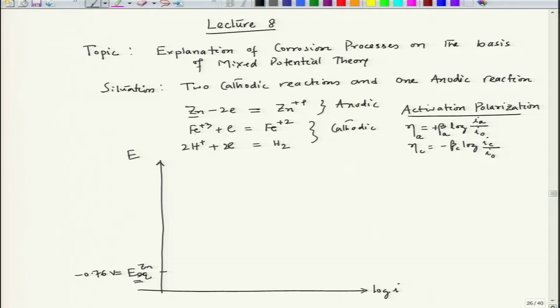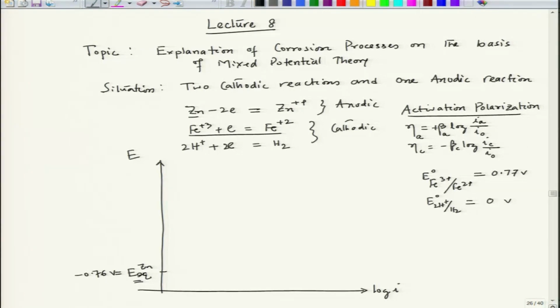Now, this particular reaction is a very strong reduction reaction. We know E0 for Fe3 plus to Fe2 plus equals 0.77 volt, which is a very high reduction potential, and E0 for hydrogen is 0 volt.